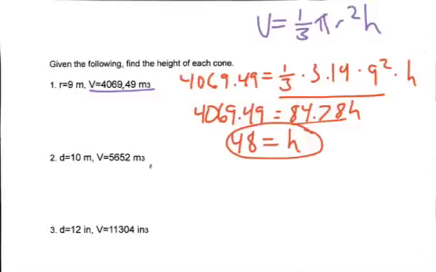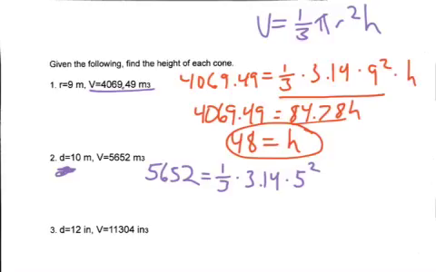What's my volume? Volume is 5652, so I know what the volume is. I don't know what the height of this cone is, so that's what we're going to figure out. So 1/3 times 3.14 times, now again they're giving me the diameter, so don't be fooled. The diameter is 10. That means the radius would be 5 times h.